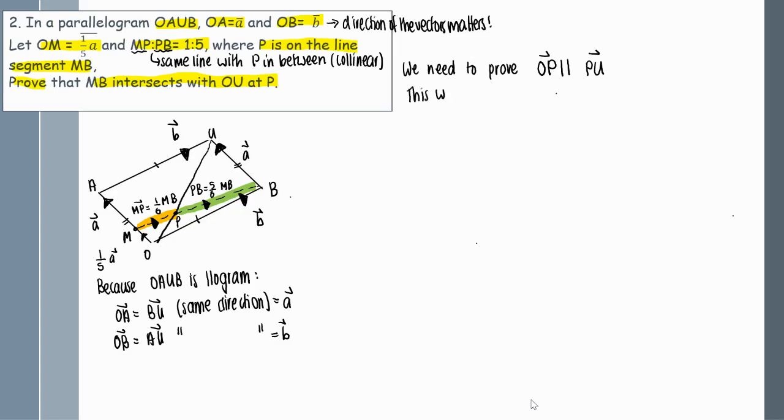To prove this, again, we say that alpha times vector OP should be equal to PU. So some scalar multiple of OP needs to be equal to our vector PU.